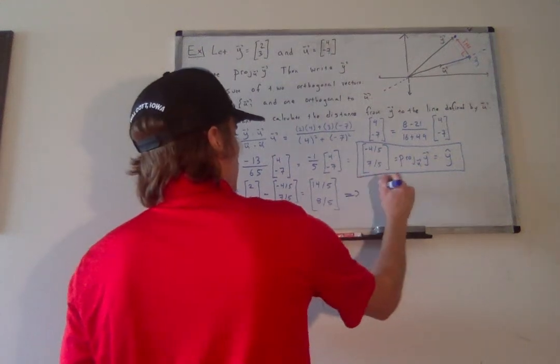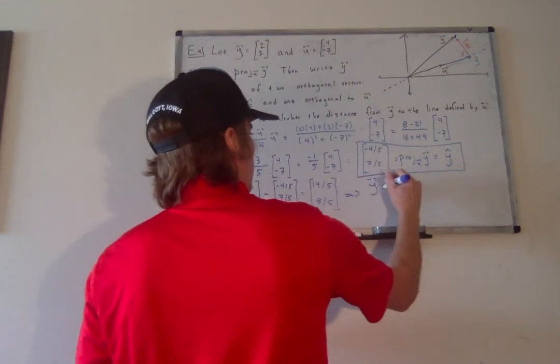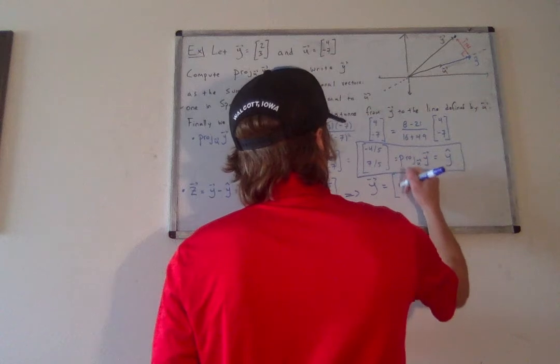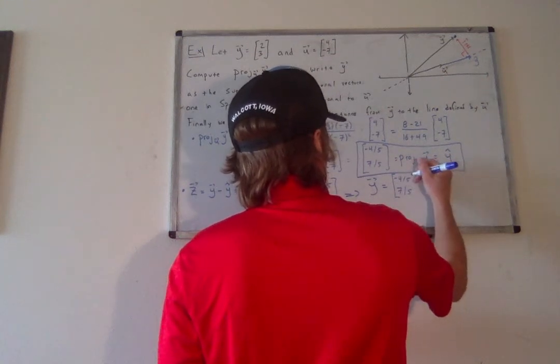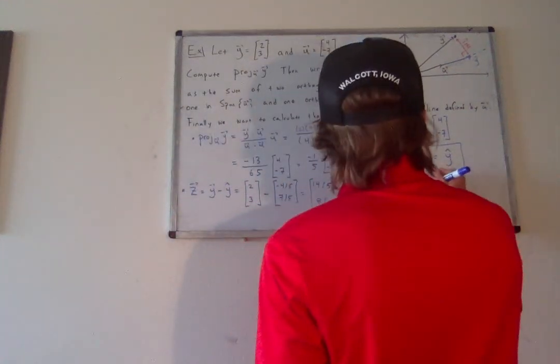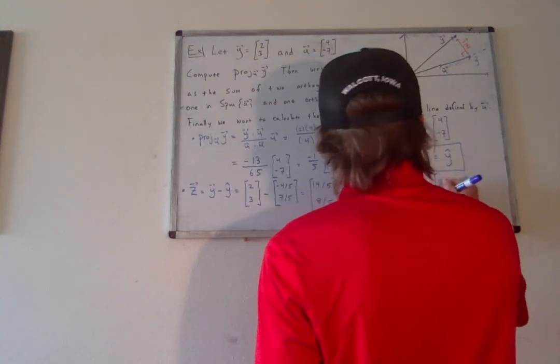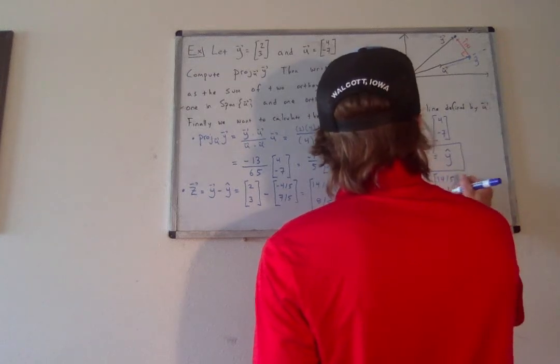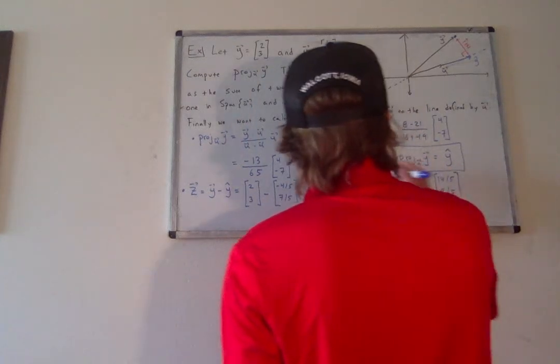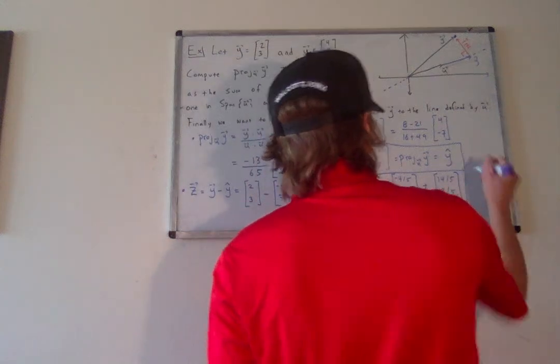And so this means that y is equal to negative 4 over 5, 7 over 5, plus 14 over 5, 8 over 5. And so this would be the second part of our answer.